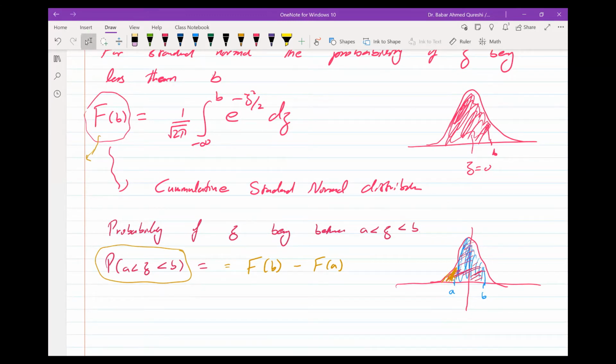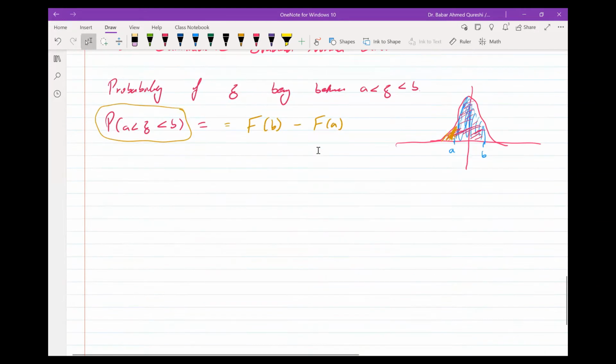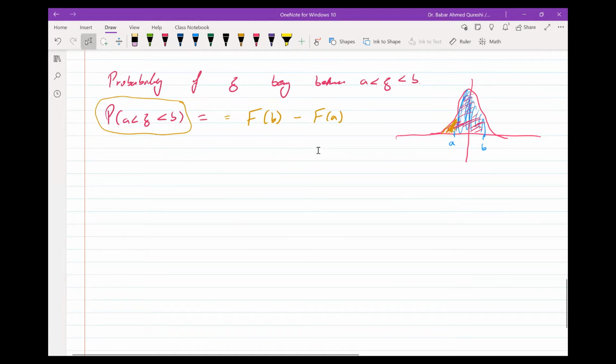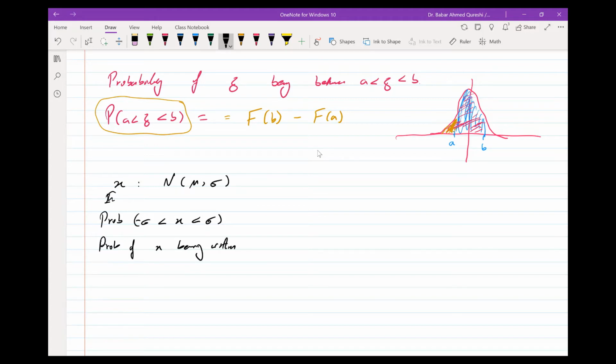So for example, I can ask this question. You are given a variable X whose distribution is normal with mean mu and standard deviation sigma, and you want to ask what is the probability that X is within one standard deviation.